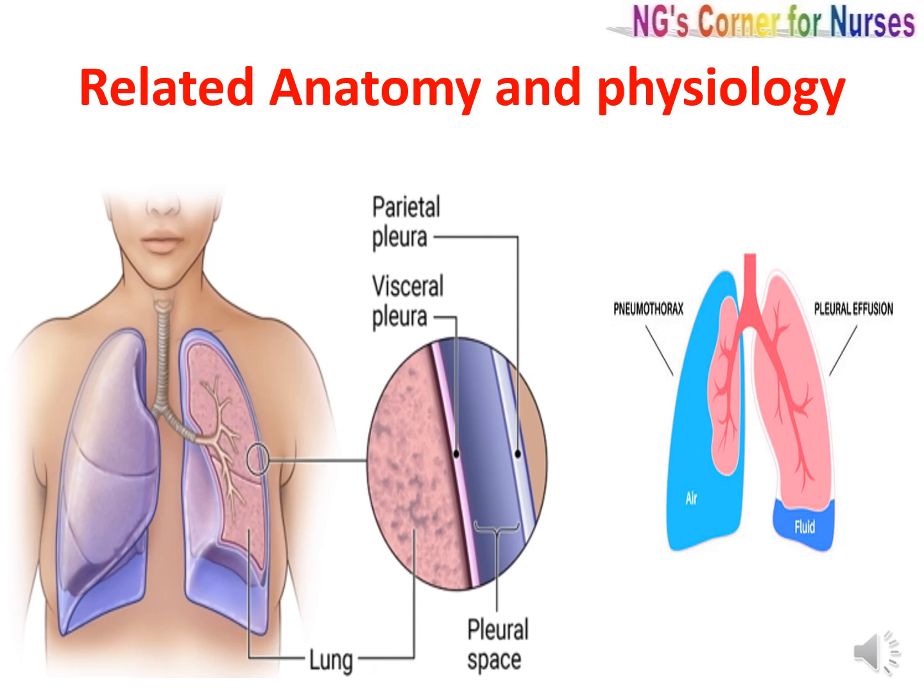To re-establish the normal lung function, it is necessary to re-establish the negative pressure by removing air or fluid or blood from the pleural space, and the most common way to do this is to use the water sealed drainage system.